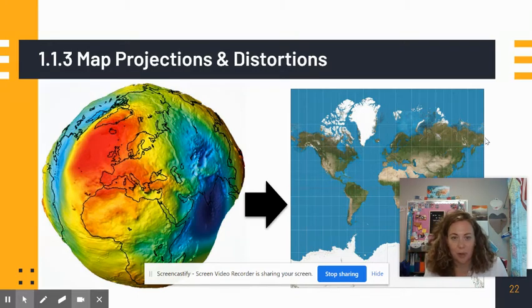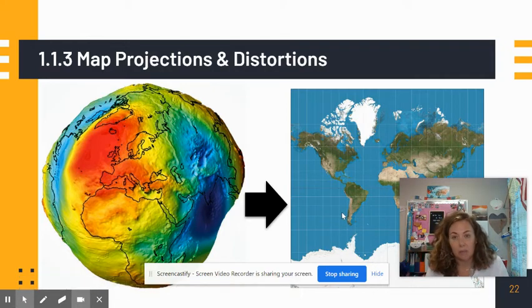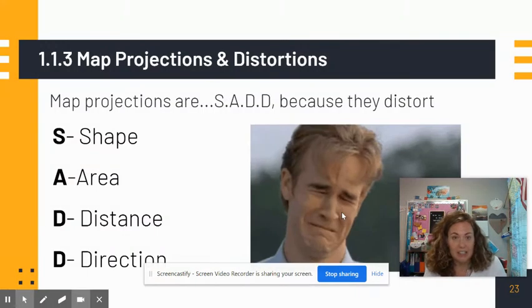The Earth isn't this perfectly round sphere as I think we assumed it is. And how do you take that information and put it onto a flat surface? If you notice on this map here, there are some major distortions, namely Greenland and Antarctica are humongous, and that is actually not how they are, but the way that the projection distorts that is obviously very evident.